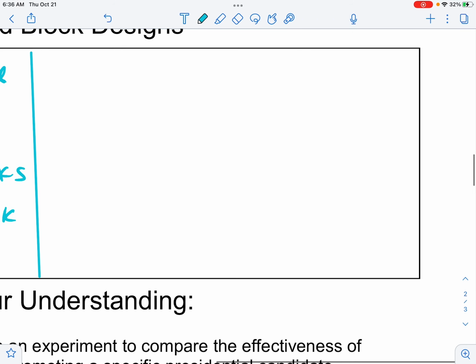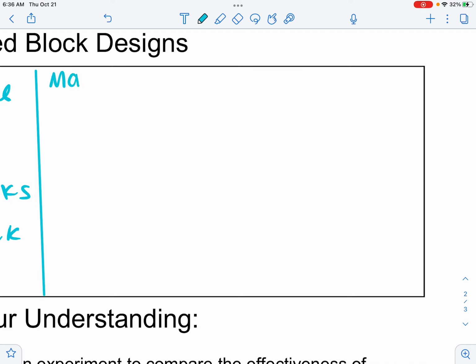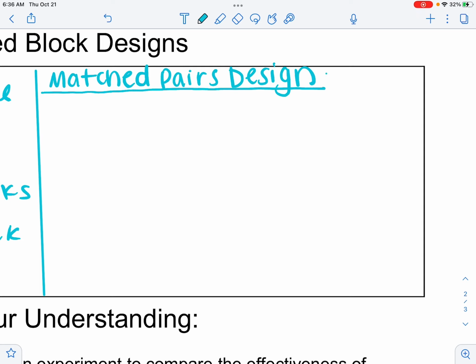All right, then we also have the example of the matched pairs design. In a matched pairs design, the experimental units, I'm just going to call them the subjects, are paired, and this is kind of like a block size of 2.